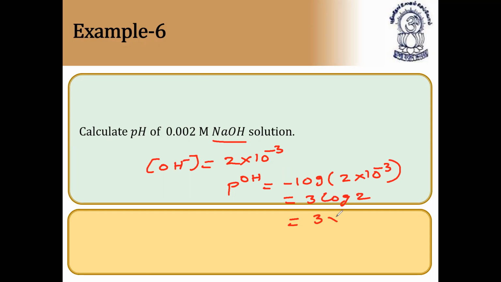So 3 into 0.3010. If you multiply here, I'm doing it in the margin: 3 ones are 3, and 3 3s are 9. So 0.9. So pOH is equal to 0.9.